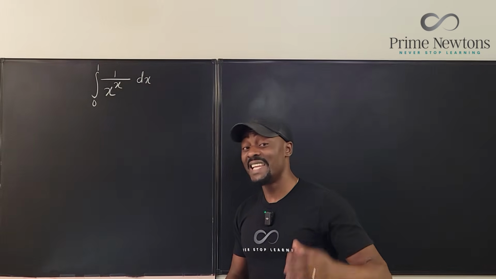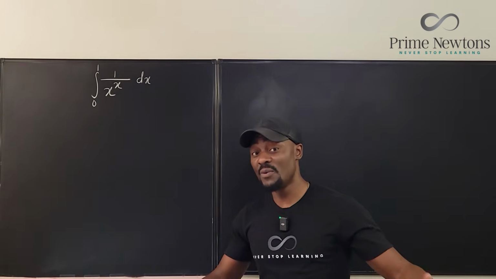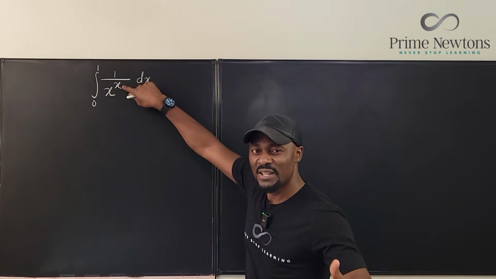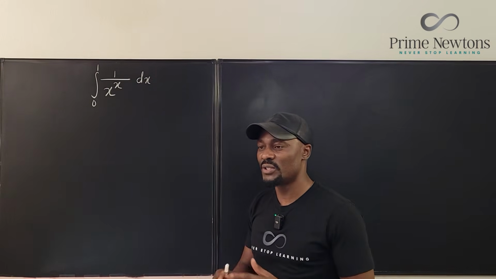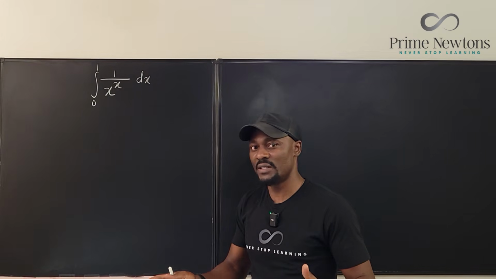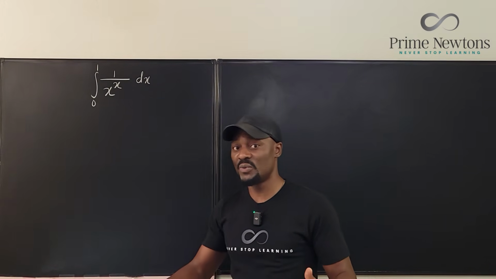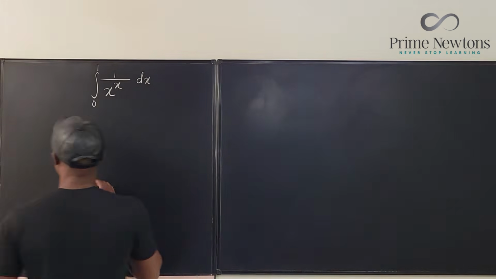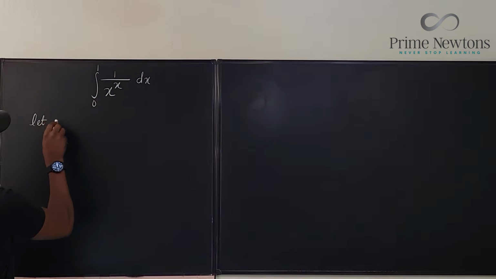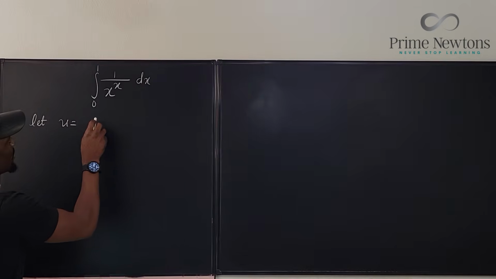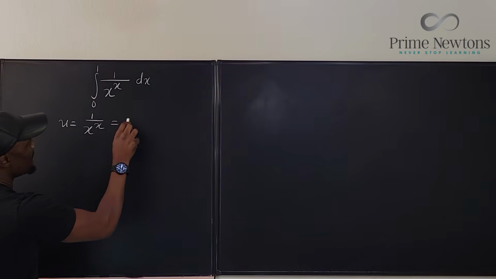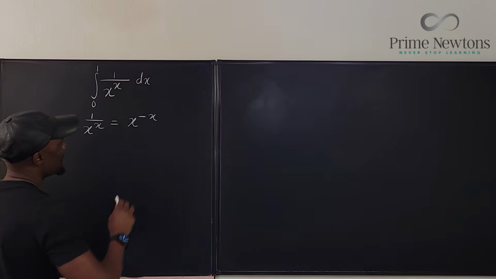So the first thing I did, like I would suggest to anyone, whenever you get the exponent being a function and the base also being a function, is to just do a u substitution when you're integrating, because then you're going to end up with a product and you might be lucky something works out. So what I did was I said, let u be equal to 1 over x to the x, which is the same thing as x to the negative x.